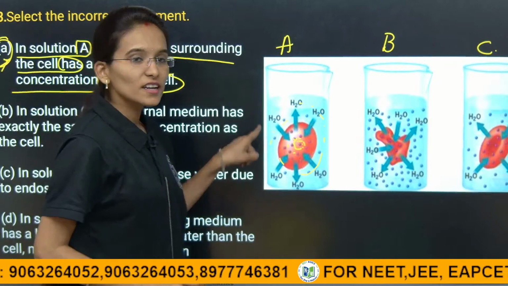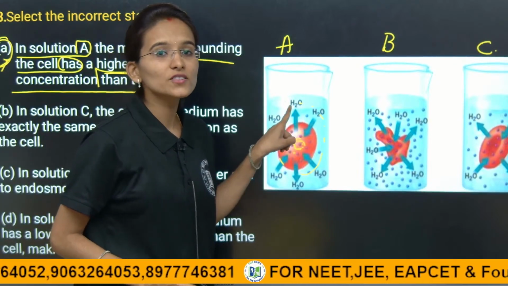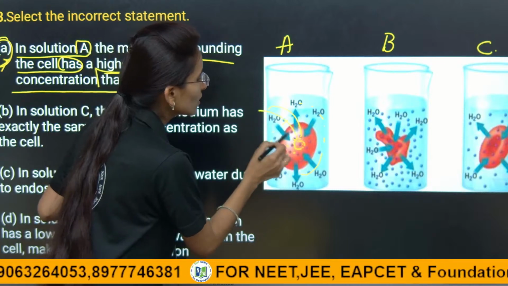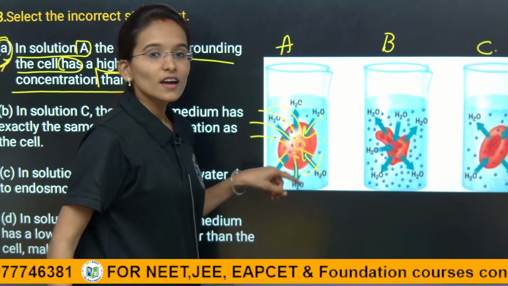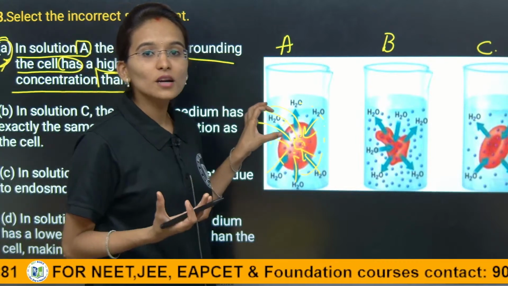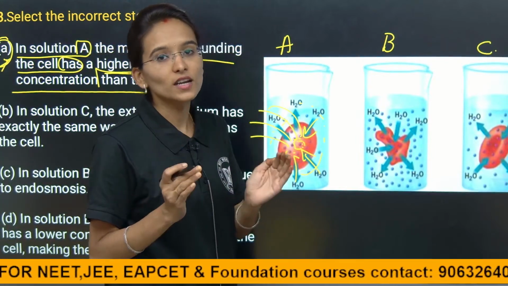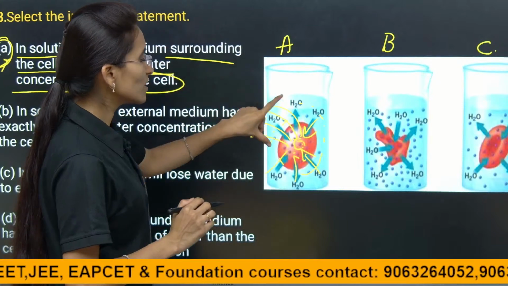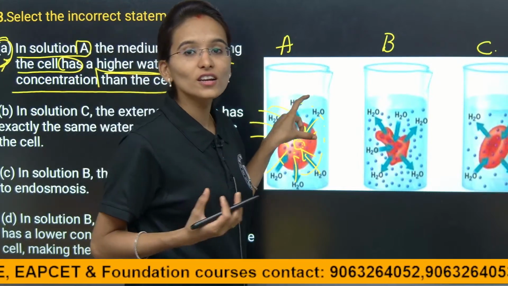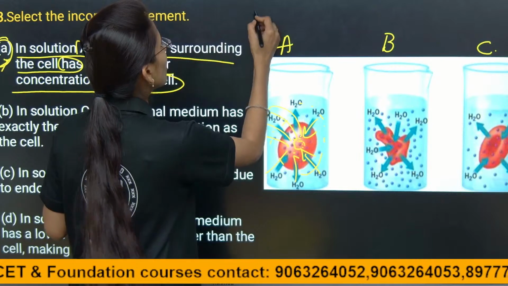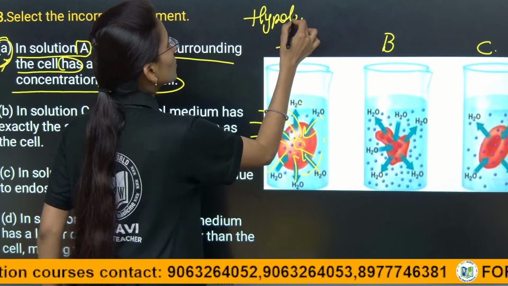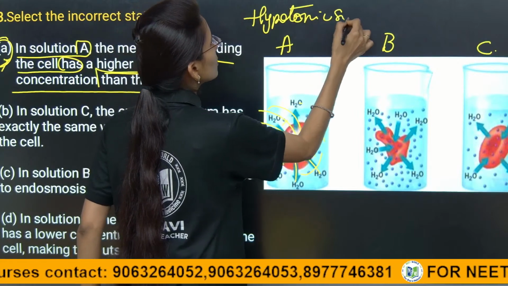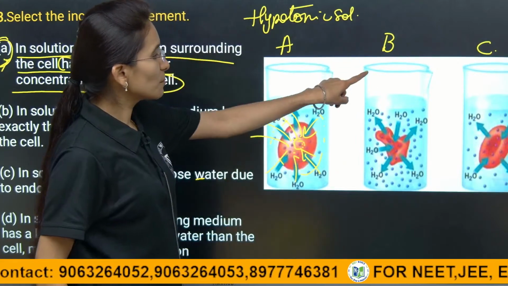When the water is higher surrounding the cell, what happens, children? All the solvent molecules are going to enter inside the cell. At this particular case, what happens to that cell? It is going to swell, right. This type of solution is called a hypotonic solution. Remember, hypotonic solution.